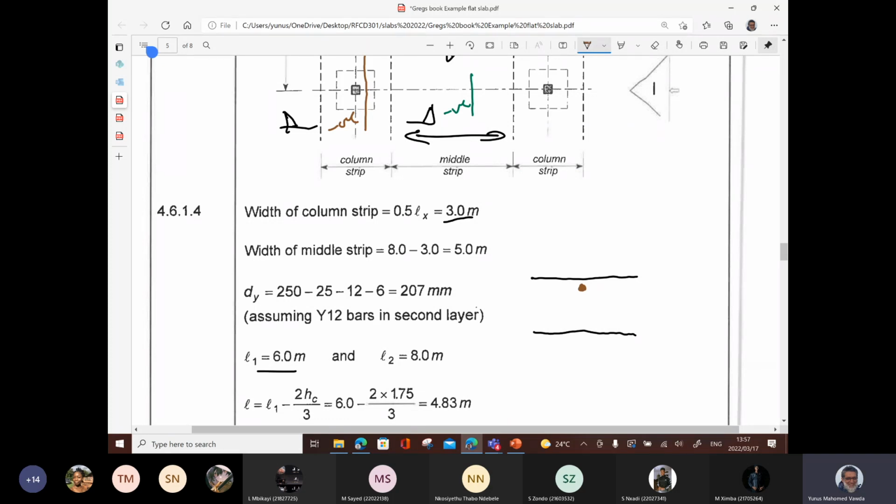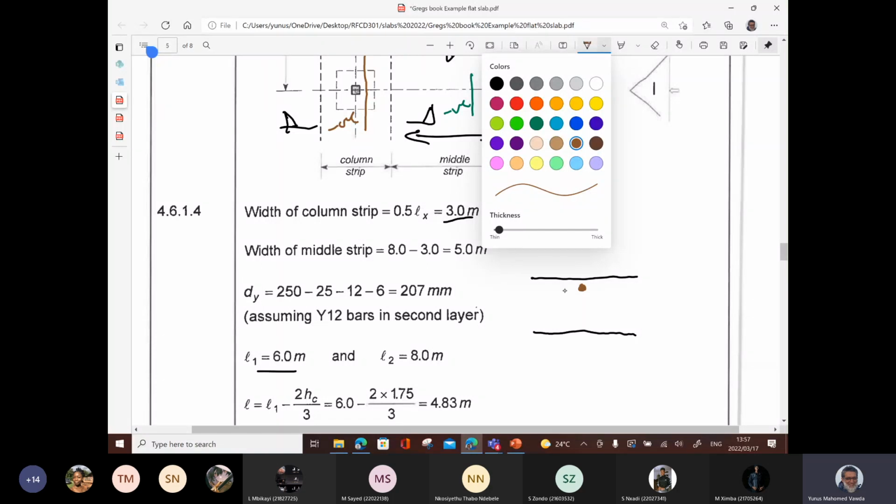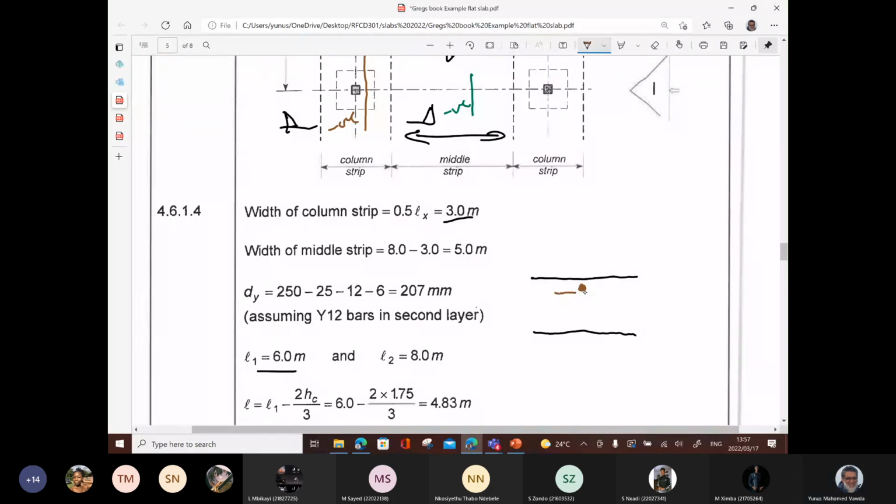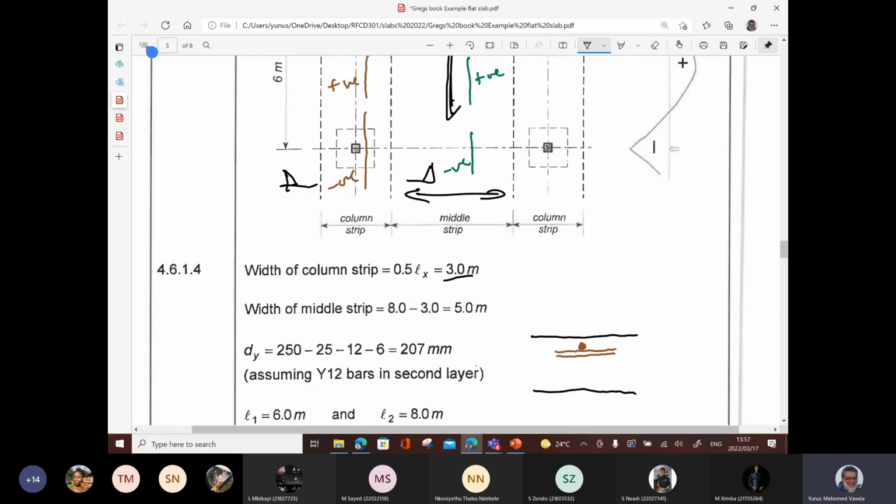And then in the other direction, the same thing, the reinforcement in that direction. In a similar way, when I come to the sagging positive one, I'm going to put that bar first in the bottom, and then I'm going to put the positive in the 8 meter span here.